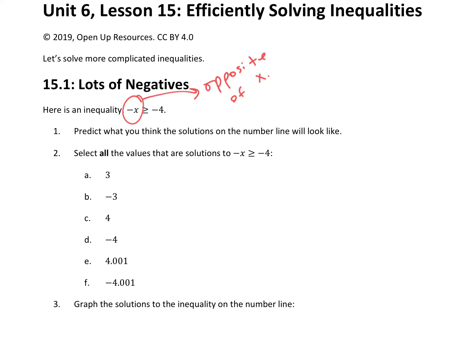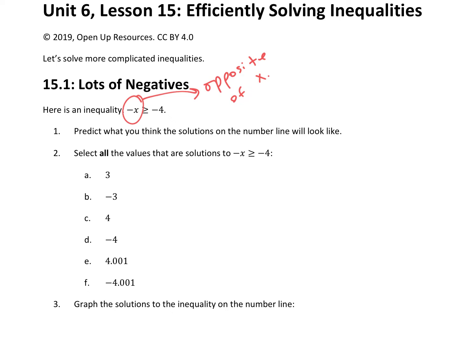Then I need to think: am I looking at numbers bigger than 4 or less than 4? A number less than 4 to try is 0. If I plug 0 in, 0 is never negative nor positive, and 0 continues to be greater than negative 4. So I know I'm looking at numbers that are positive 4 and smaller.